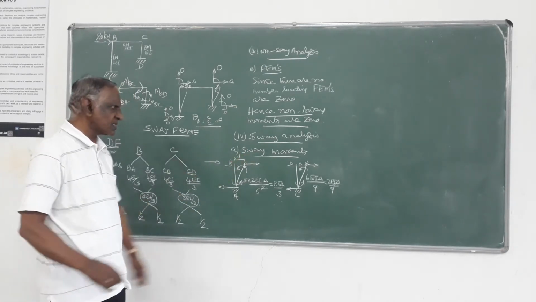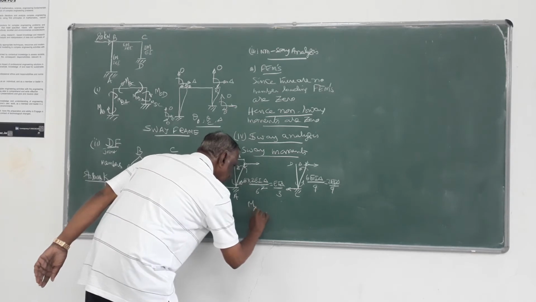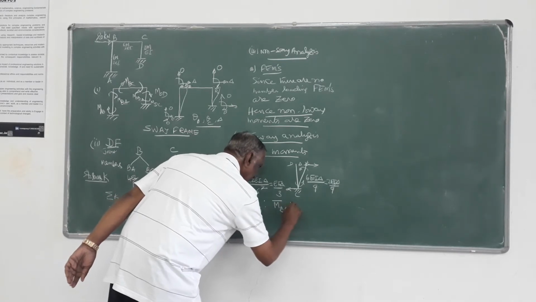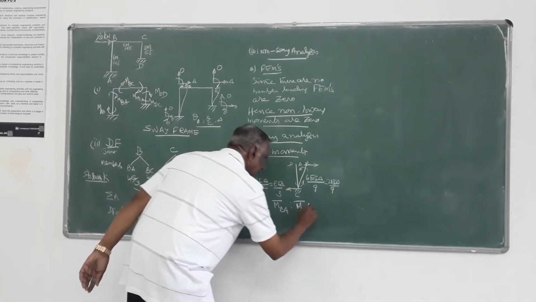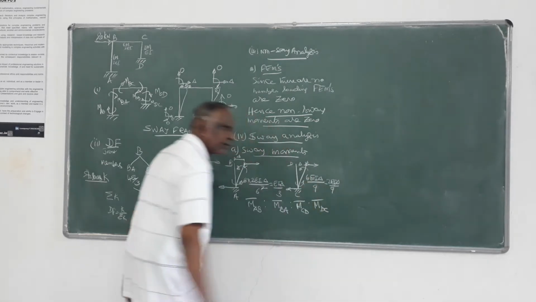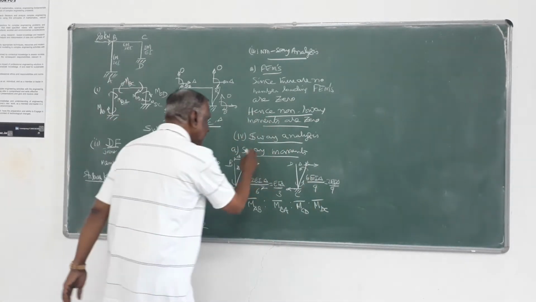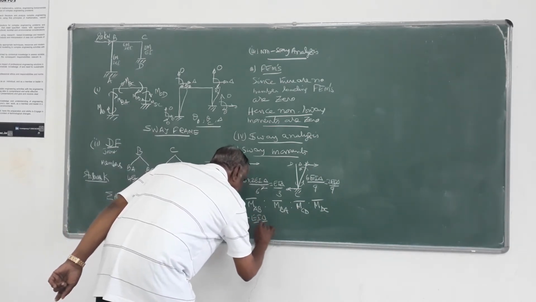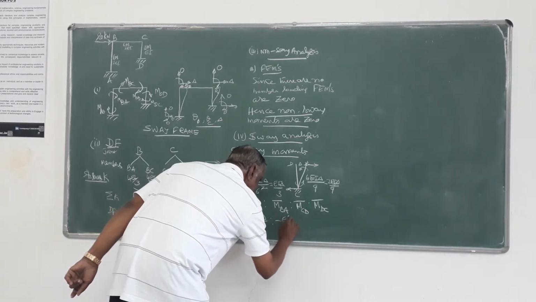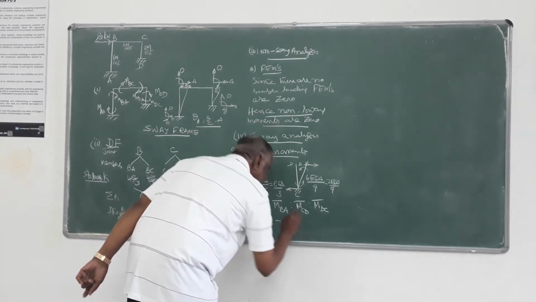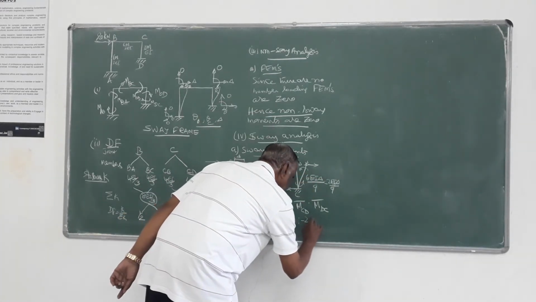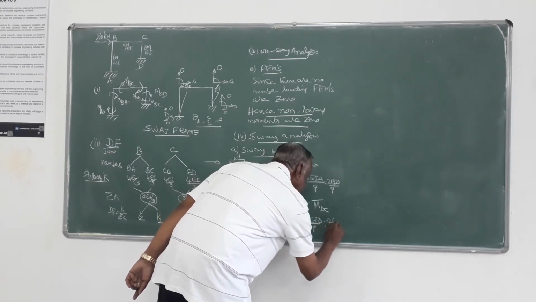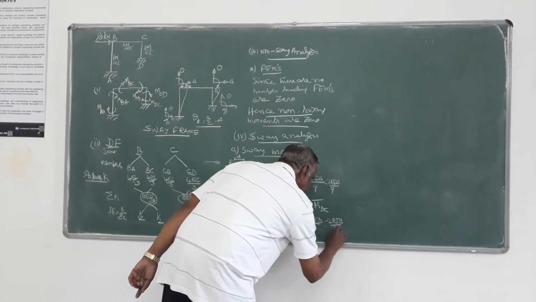Since it is arbitrary sway, we have to take the relative sway moments MAB, MBA, MCD and MDC bar. That will be minus EI delta by 3, minus EI delta by 3, minus 2EI delta by 9, minus 2EI delta by 9.